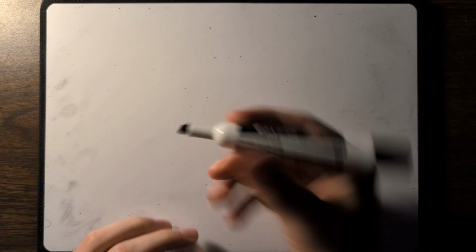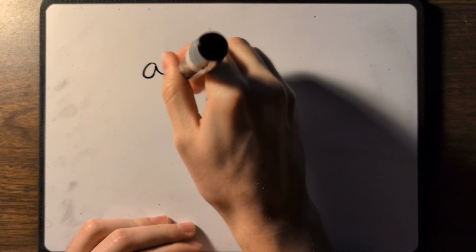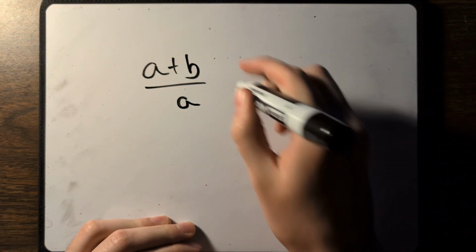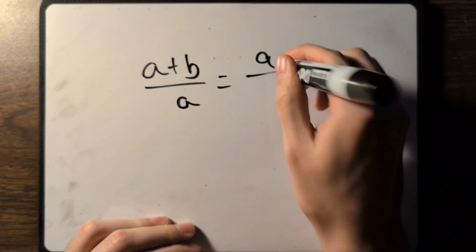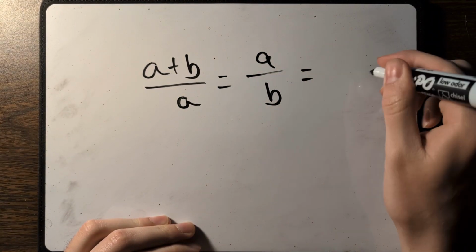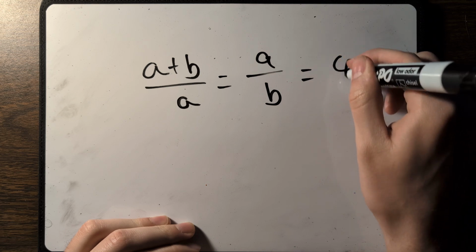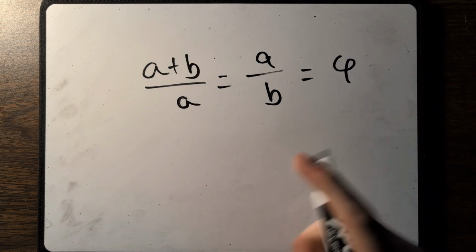As mentioned in my previous video, the golden ratio is defined by a ratio of a plus b over a that is equal to a over b, which we like to call phi.